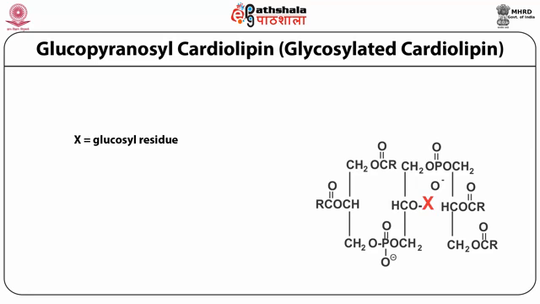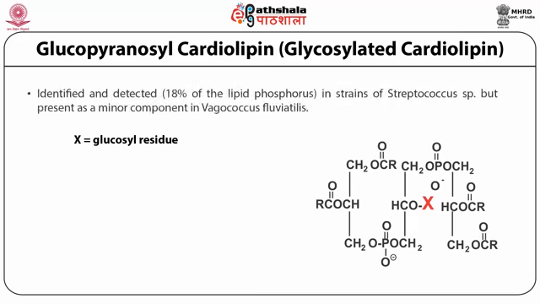In the strains of Streptococcus species, a glycosylated cardiolipin named glucopyranosyl cardiolipin was noticed, and it has been found that it constitutes about 18% of the lipid phosphorus.